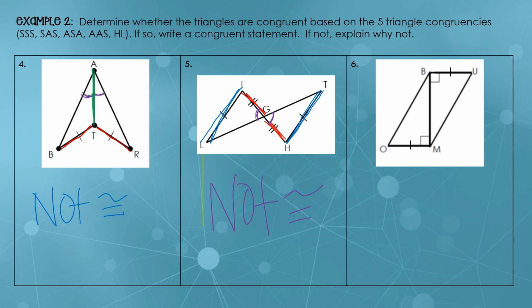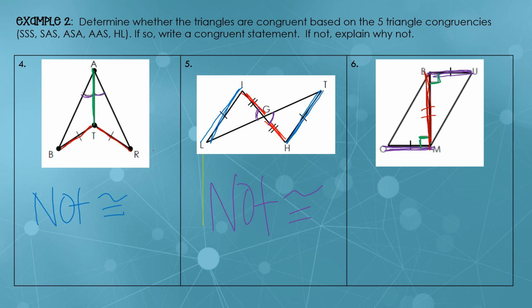On number 6, we have one given side, BU and MO. We also have a right angle. One angle and one side is not enough, so we're going to look and see if there's anything else. There is the shared side, MB is in both triangles, so you can mark that. That is the reflexive side.